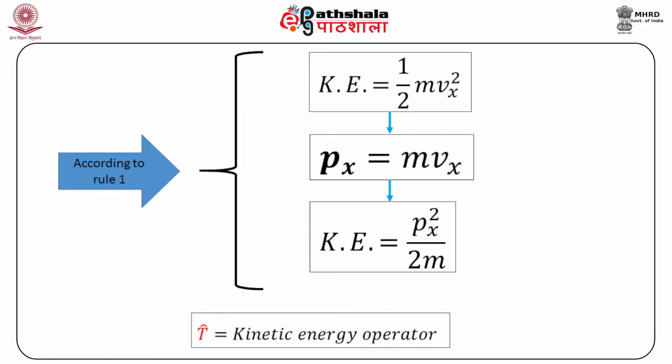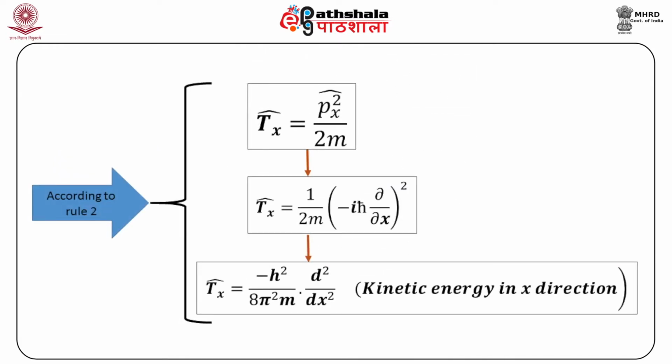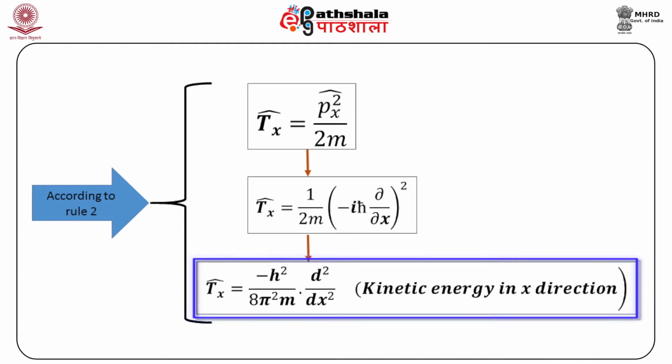Now in this classical expression, we apply the second rule, and that is we write the fundamental operators. So we have already learned that px is the linear momentum operator in the x direction. So we substitute its value in the expression. And as you can see, once we do that, we get the corresponding Tx, which is the kinetic energy operator along the x direction, equal to minus h square upon 8 pi square m d2 by dx2.